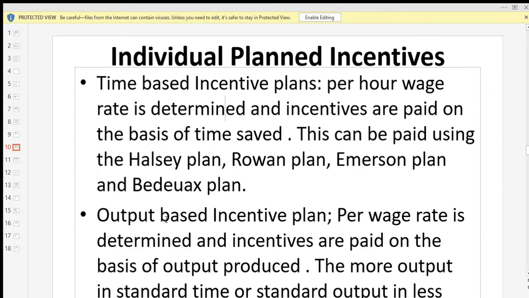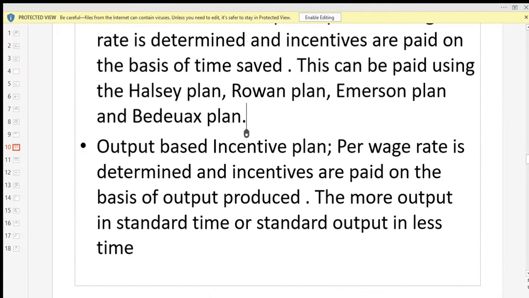Then we have output-based incentive plans. The wage rate is determined and incentives are paid on the basis of output produced. So they pay you according to the output produced: the more output in standard time, or the standard output in less time. When you are supposed to produce 1,000 units in 1 hour and you decide to produce 2,000 units in 1 hour, they will pay you for the more output that you produced.